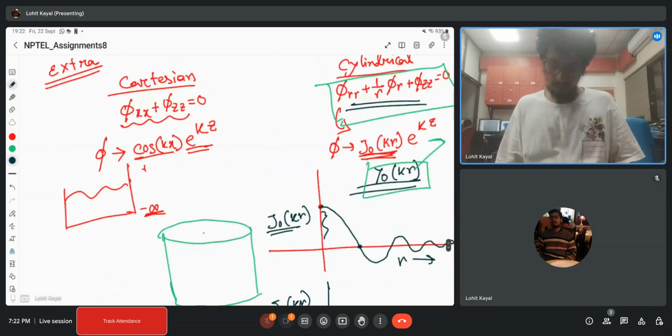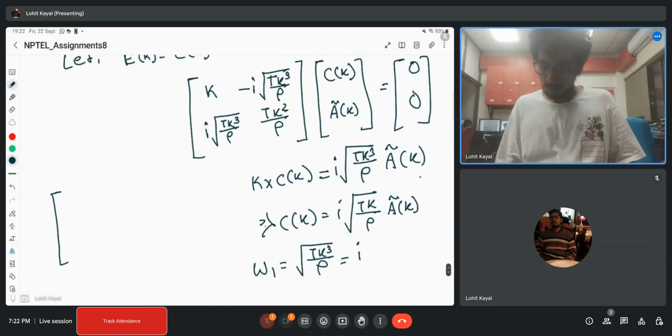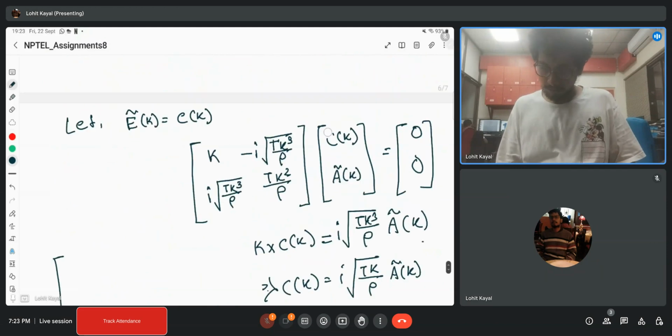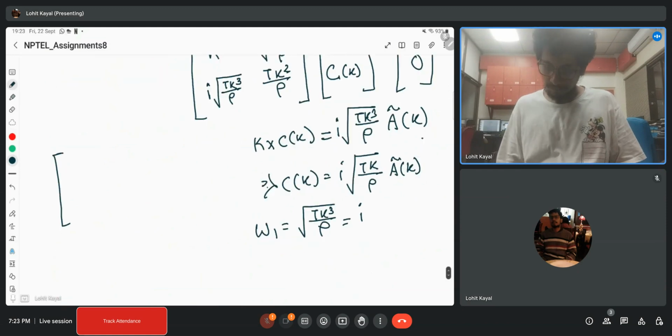Oh yeah, I am making one mistake. It will be a tilde of k, it will be c of k. So it will be just the opposite. It will be a tilde of k, it will be c of k.